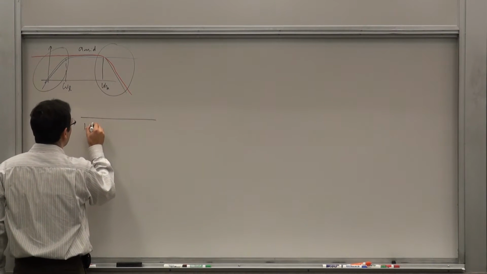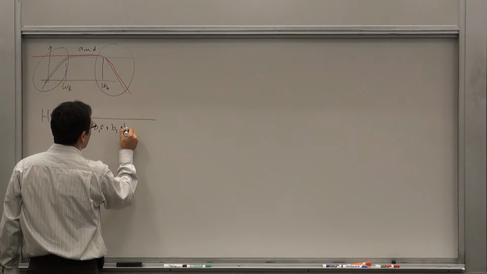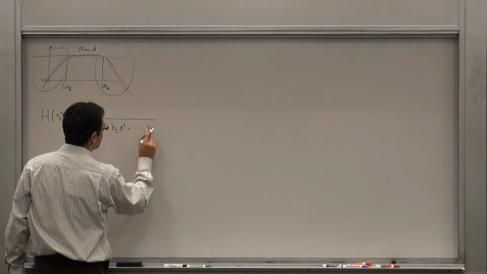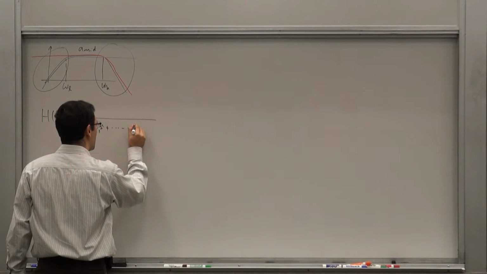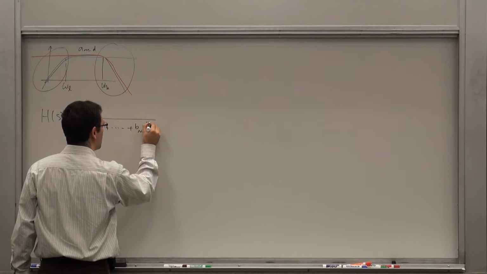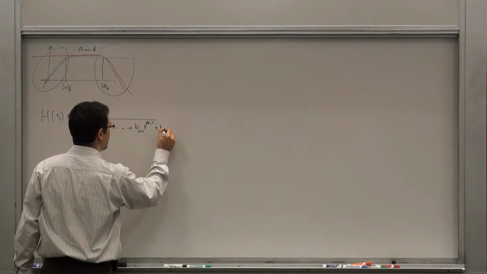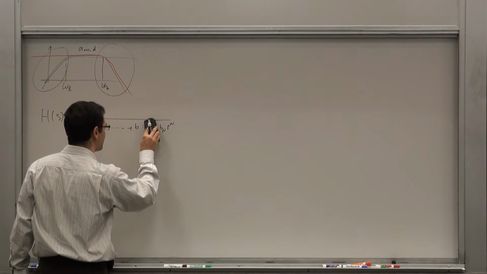So let's write it as 1 plus b1 s plus b2 s squared all the way to b(n minus 1) s to the n minus 1 plus bn s to the n. Oh, here I have to be a little more careful. Actually, this is lowercase n.